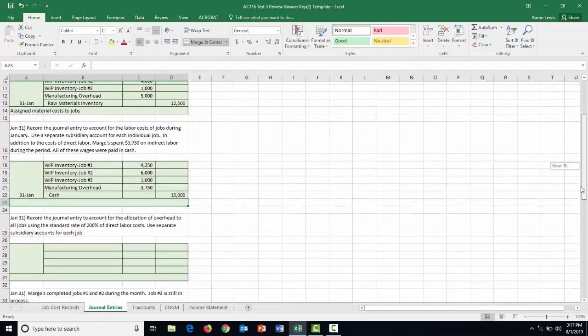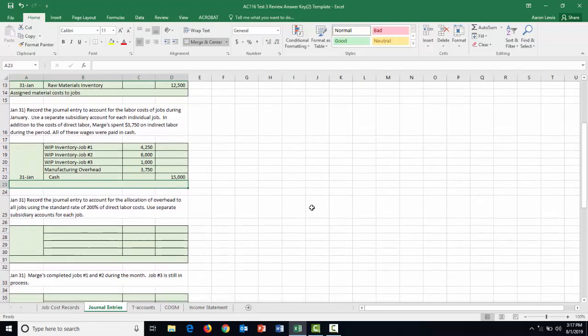Now we need to record the journal entry to account for the allocation of overhead to all jobs using our standard rate of 200% of direct labor costs. Again, we're going to use separate subsidiary accounts. So on January 31st, we're going to start with WIP inventory one more time for job number 1.